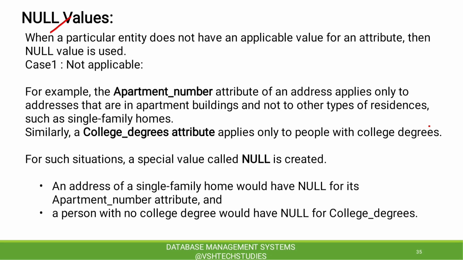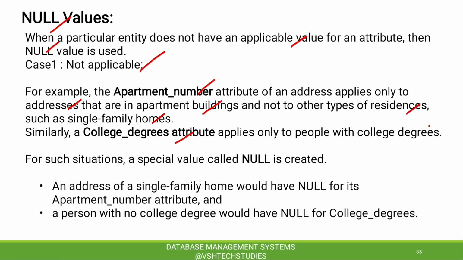Next, what is meant by null values? When a particular entity doesn't have applicable value for an attribute, then null value is stored. Case 1. Not applicable. For example, apartment number attribute of an address applies only to addresses that are in apartment buildings, not to other types of residences such as single family homes.